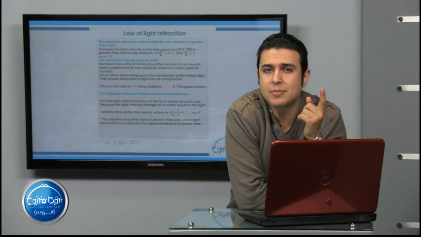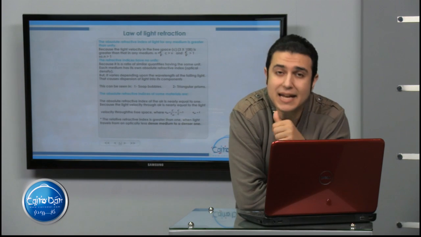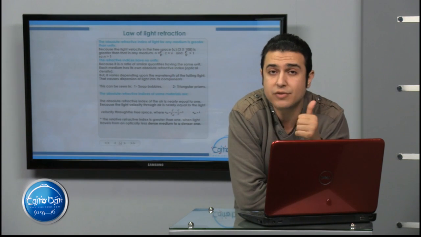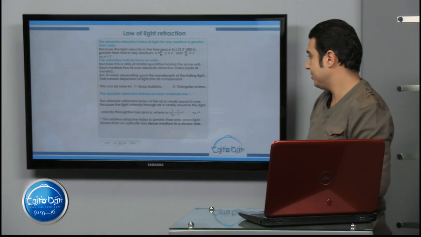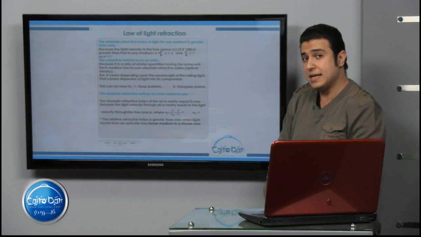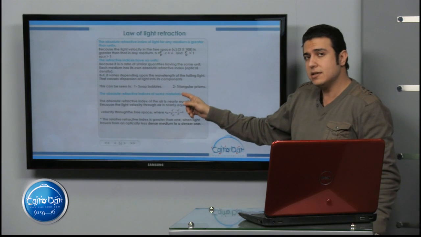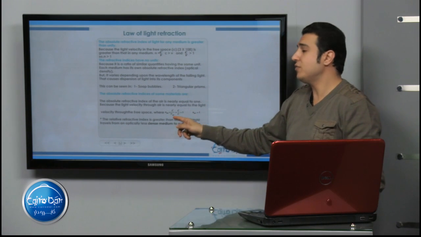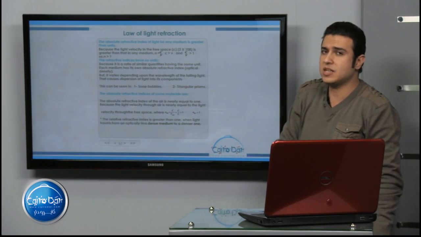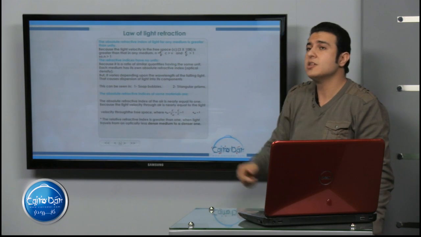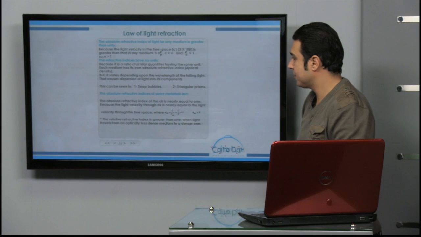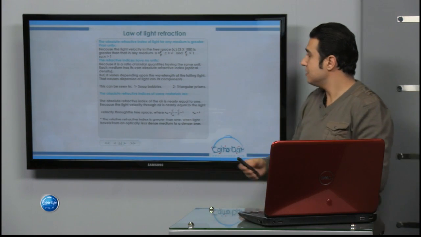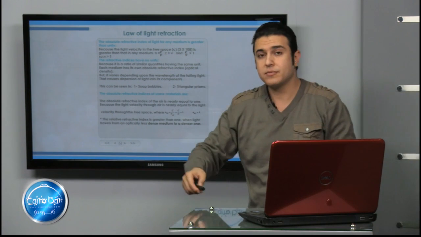So n air equals c over v air, and v air is nearly equal to the velocity of light in free space, so c over c equals approximately 1. That's for this point.